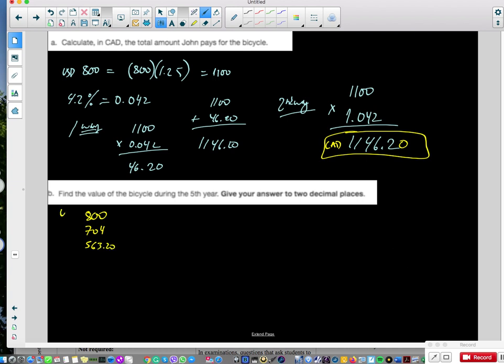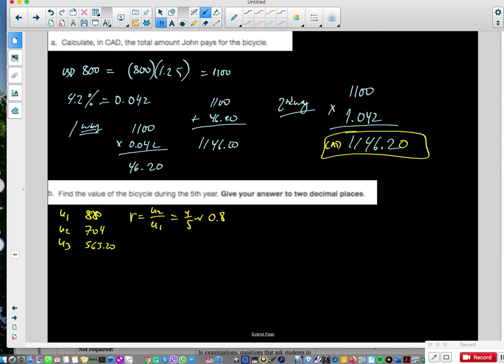563.20. So this is U1, this is U2, this is U3. We know that it's a geometric sequence, so R is U2 over U1, which is 4 over 5, or 0.8. Alright? The first one was 880. Oh yes, sorry, that's what you said, yes, 880.